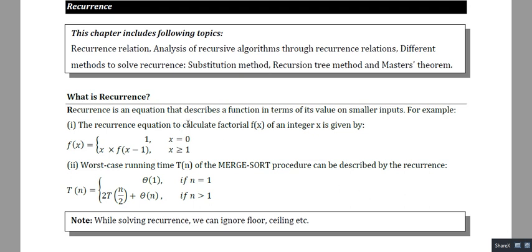A recurrence is a function which can be expressed in terms of the function itself but with smaller input.